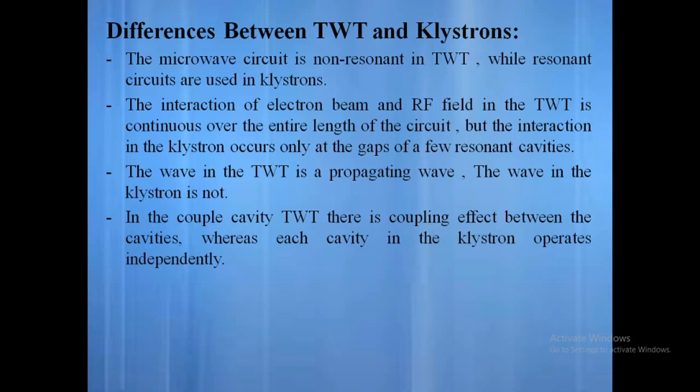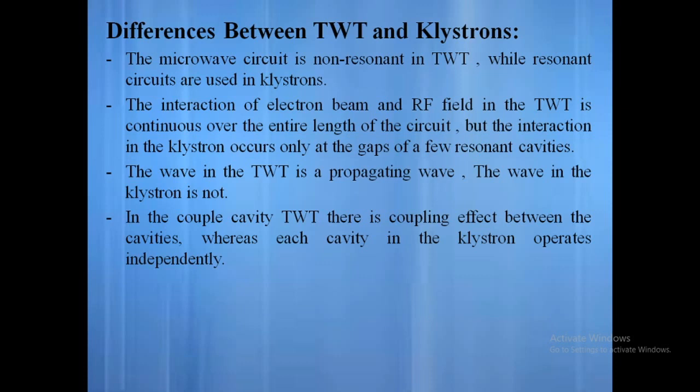Let us see what is the difference between traveling wave tubes and klystrons. The microwave circuit is non-resonant in traveling wave tubes, whereas it is a resonant circuit in klystrons. The interaction of the electron beam and RF field in traveling wave tubes is continuous over the entire length of the circuit, but the interaction in the klystron occurs only at the gaps of a few resonant cavities.